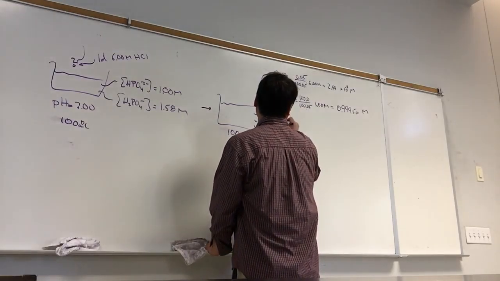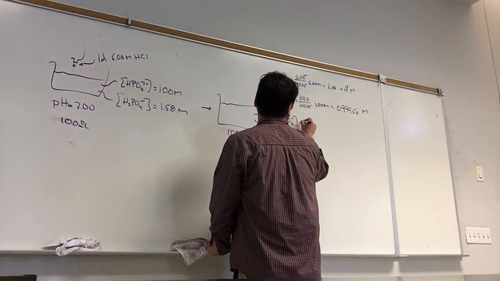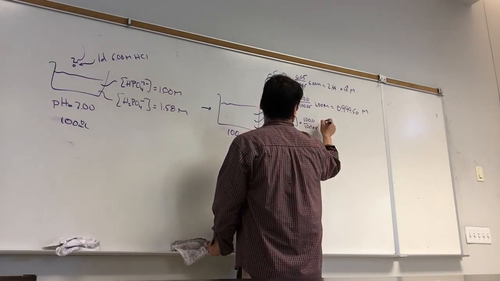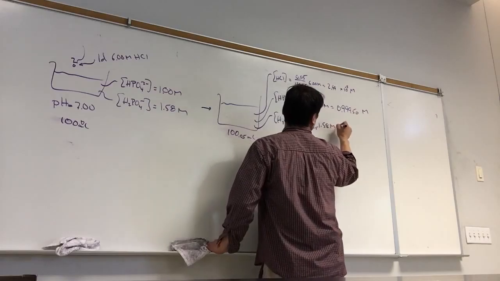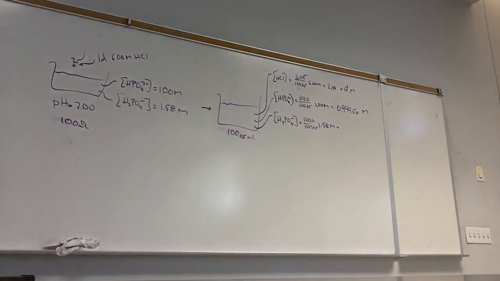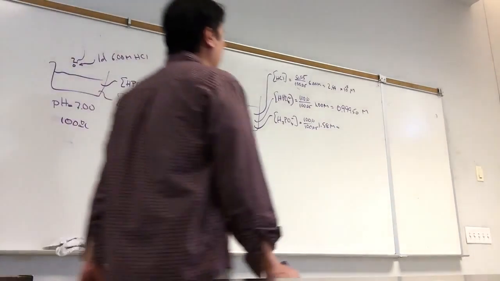Okay, then we go to H2PO4 minus, which is going to have a 100 to 100.05 dilution times 1.58 molar. This gives us what for the diluted concentration? 1.579.